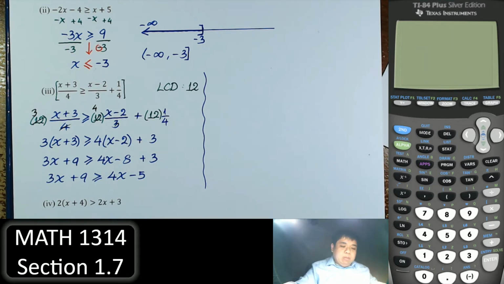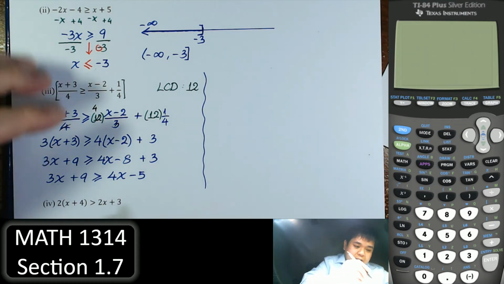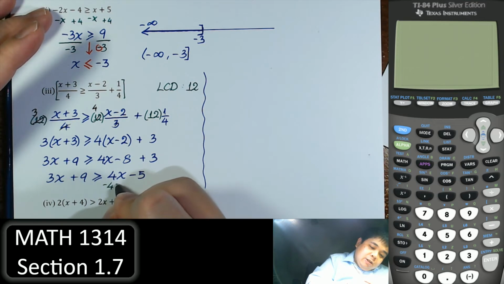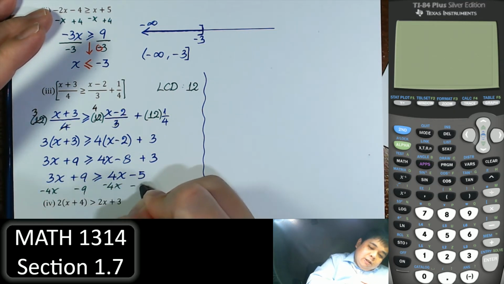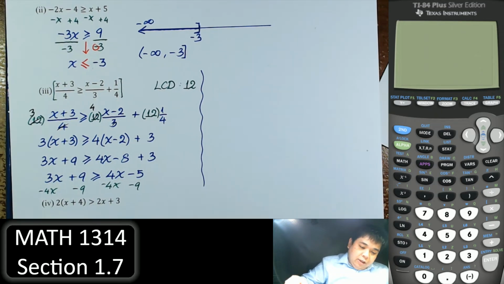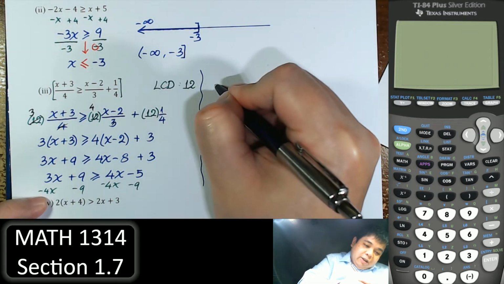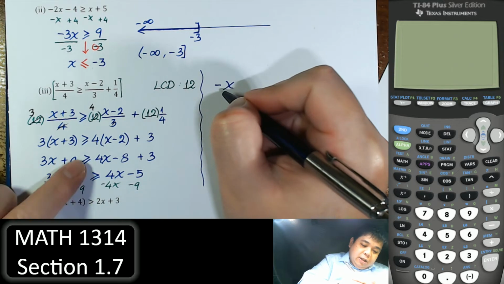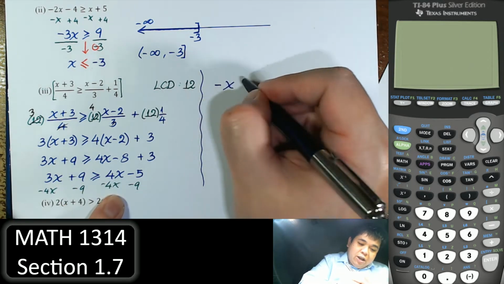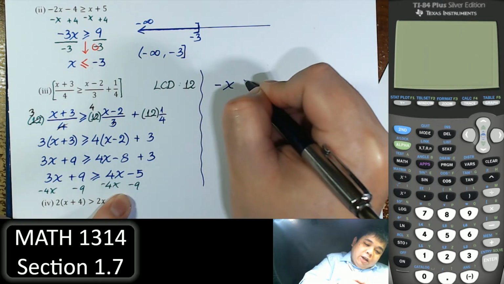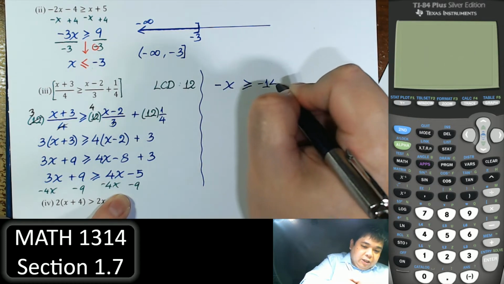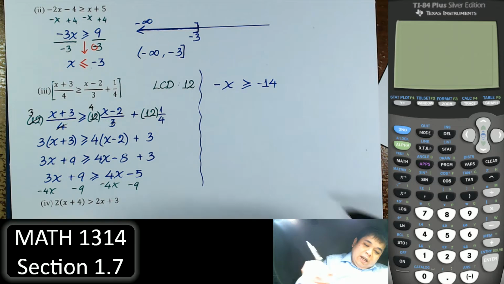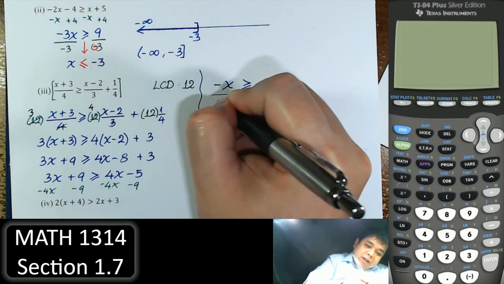Now once again, move everything to one side. So that gives us -x. That cancels out, that cancels out. Greater than or equal to -14. And then finally divide by -1.